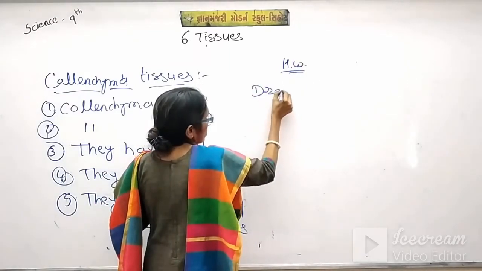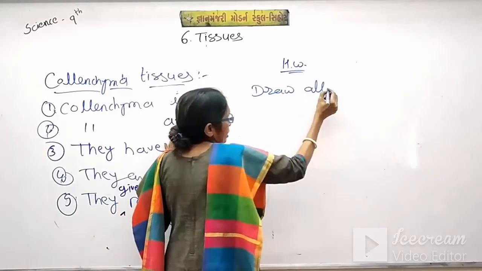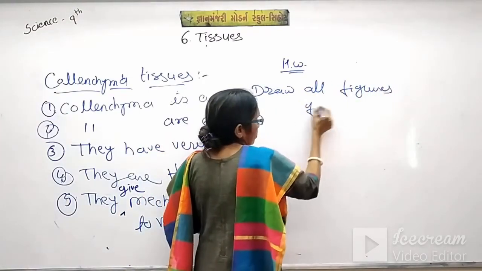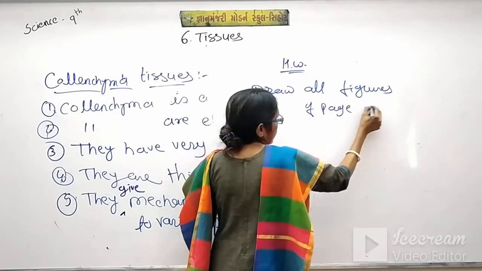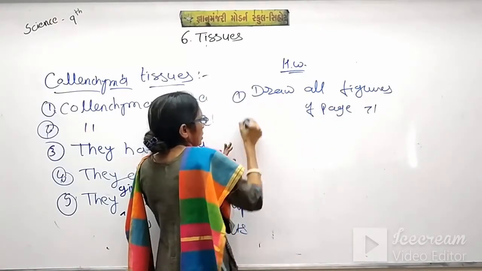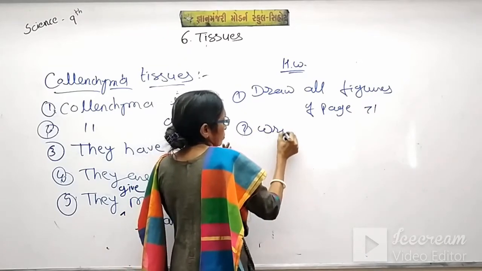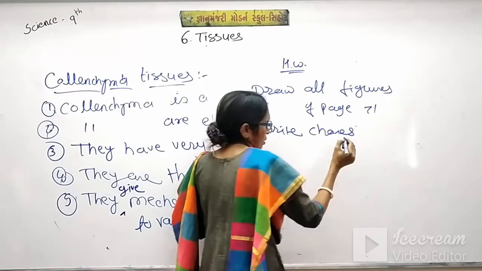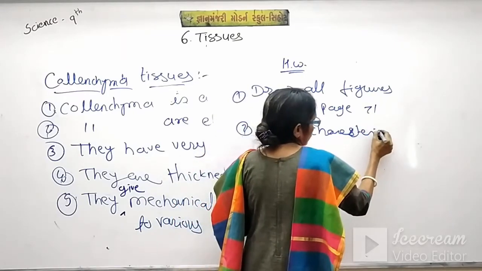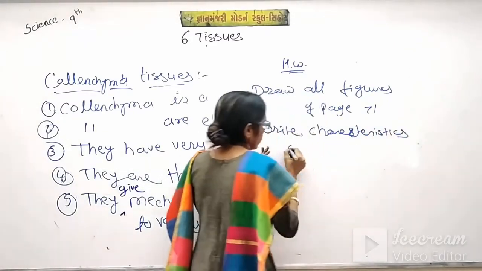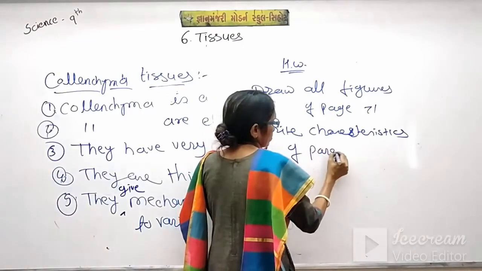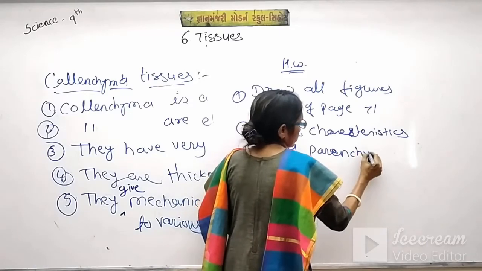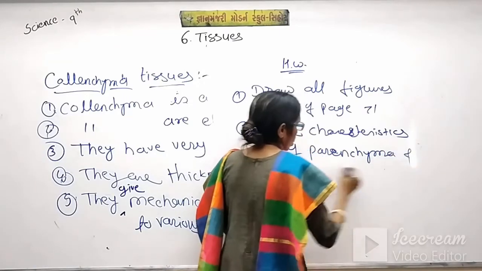Draw all the figures of page 71 and write the characteristics of parenchyma and collenchyma.